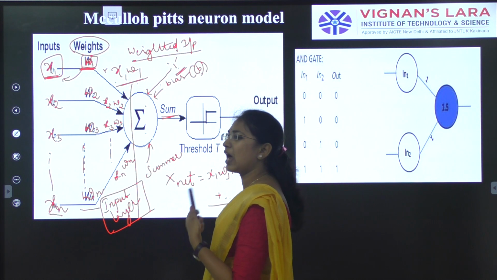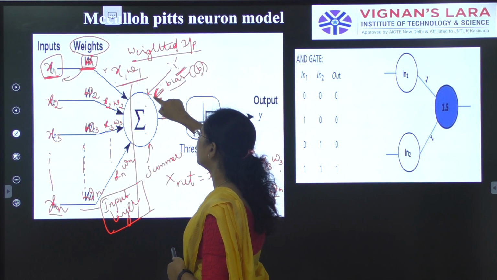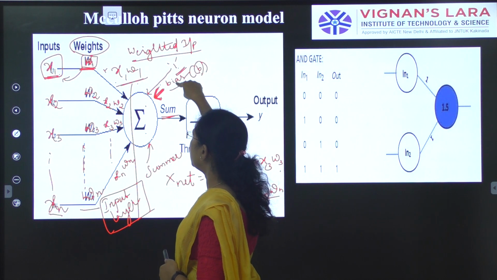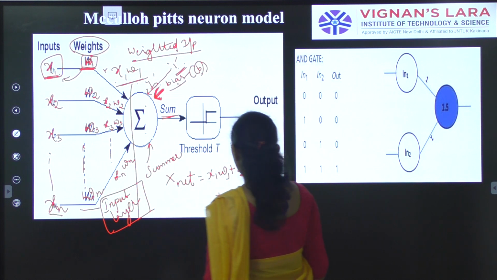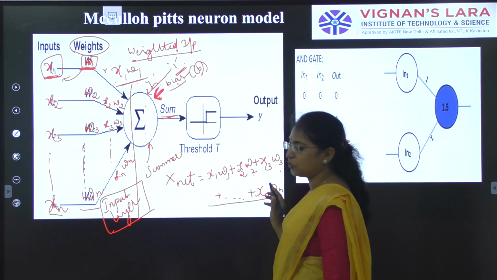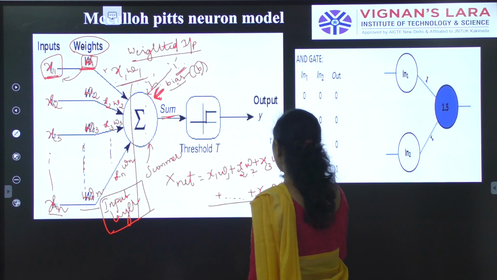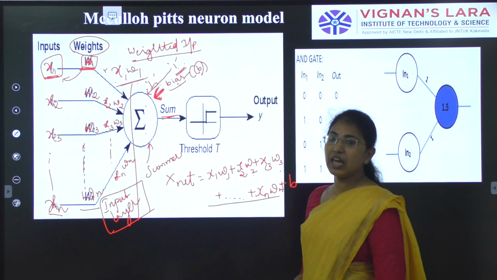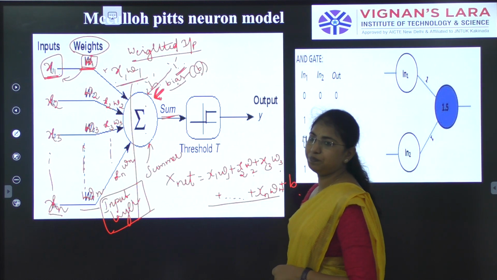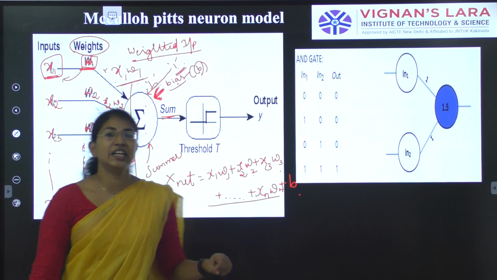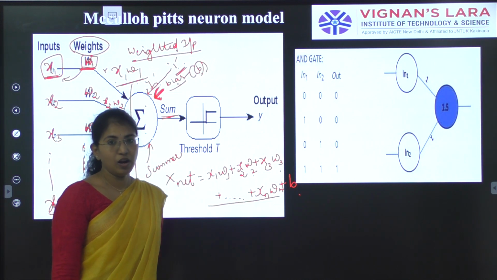So we will get B. In addition to the weighted inputs, we are going to add the bias value B into 1, which is B.